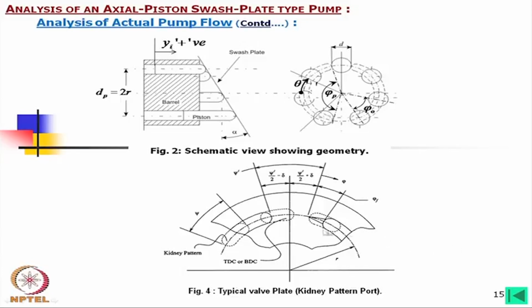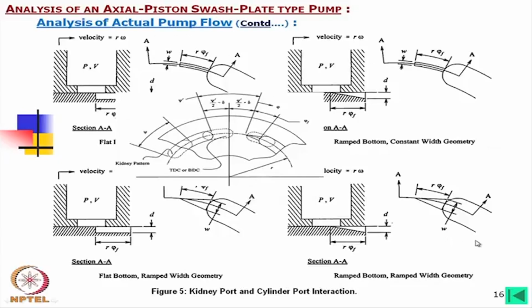Okay. So we need to calculate, depending on the shape, what the areas are. Now, here in detail it is again shown what the groove might be. In this case, say here the section AA, it is a flat type groove.